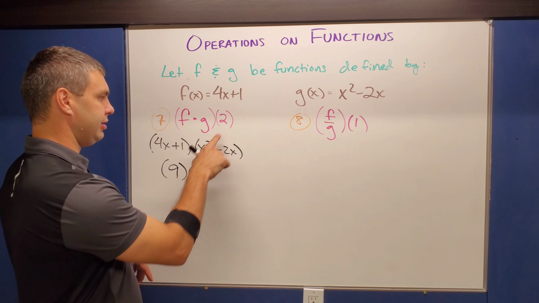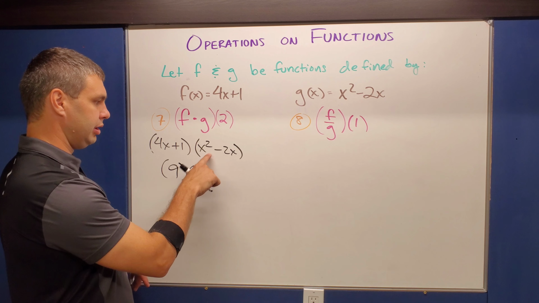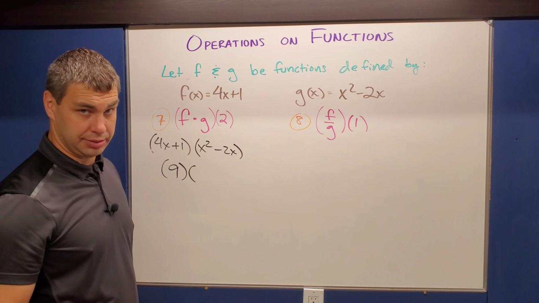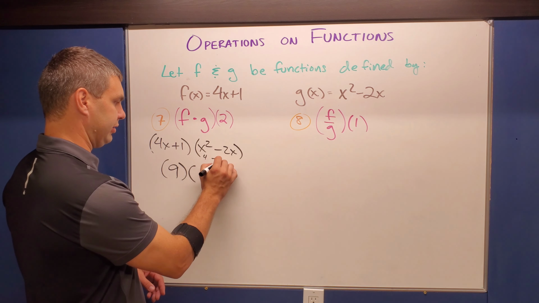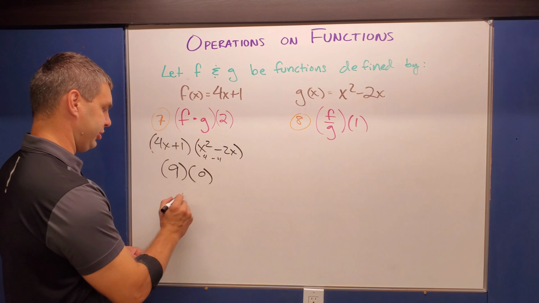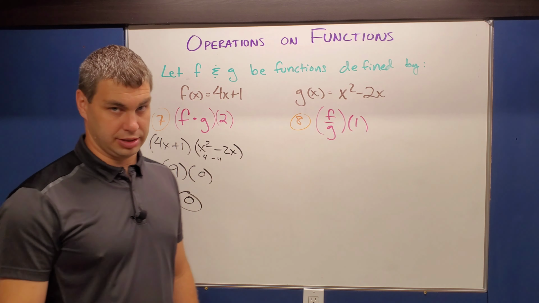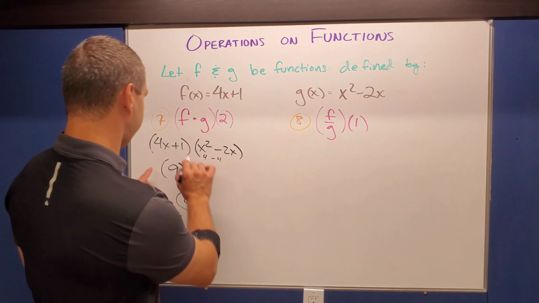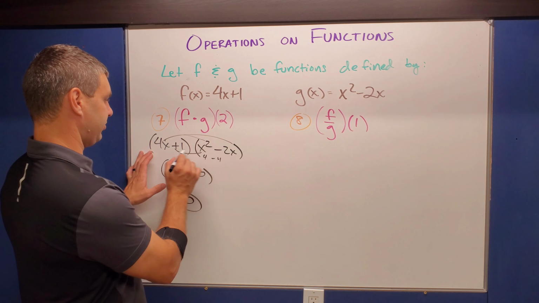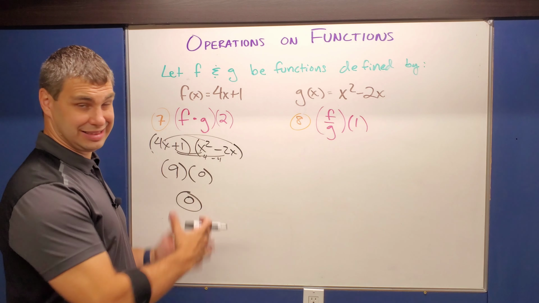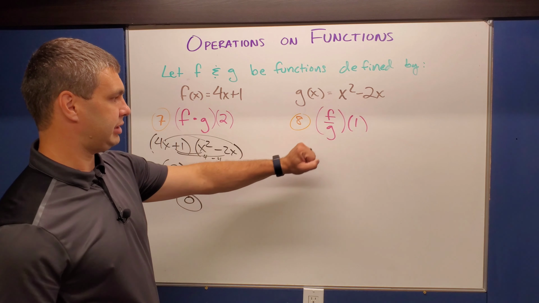Times, over on this side, 2 squared is 4, minus 2 times 2 is 4, so this is 4 minus 4, which is 0. 9 times 0, of course, is 0. You could have gone ahead and FOILed that out and got the same exact answer, but this saves you a little bit of time.